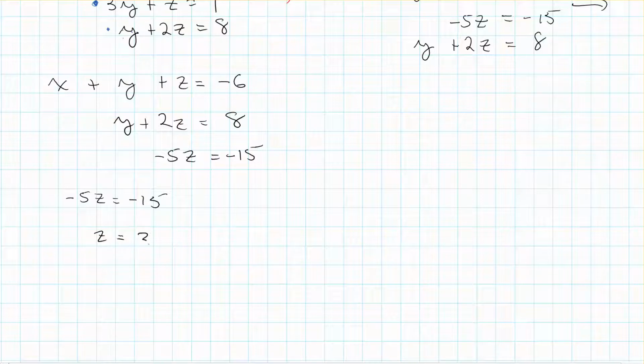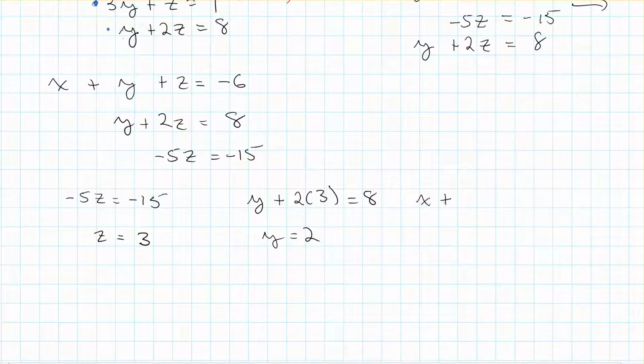to 3, and then we back substitute, so we get here y plus 2 times 3 equals 8. So then y would equal 2. And then we have x plus y, which is 2, plus z, which is 3, is equal to negative 6.